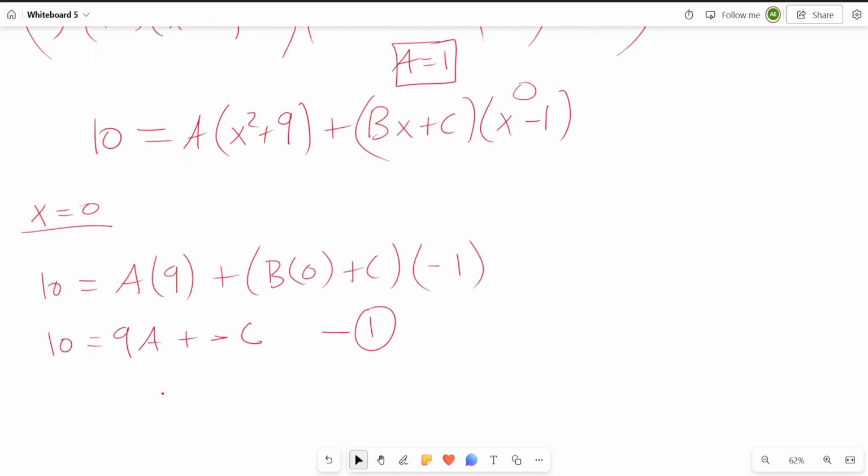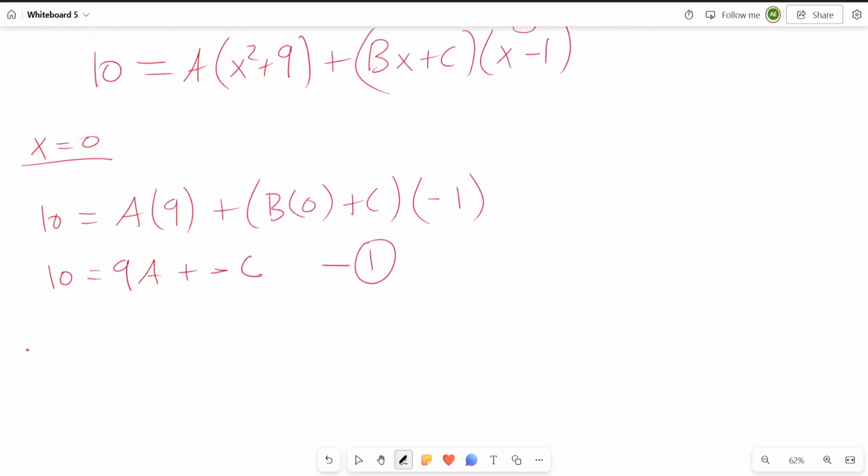So let's substitute one simple value of x again. Let's say x equals 2. As you can see, here I cannot cancel anything because I cannot substitute any x that will cancel this term over here. So I will need to do two substitutions and then solve the equations that I get simultaneously. So x equals 2: 10 equals A times 2 squared, which is 4, 4 plus 9 is 13.